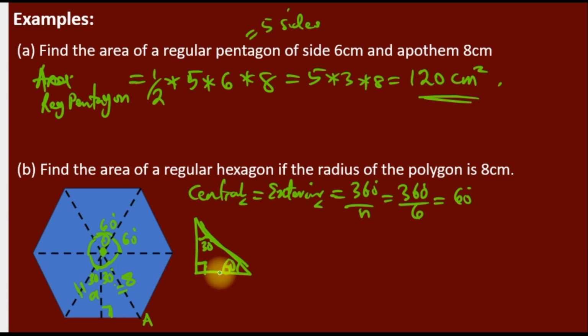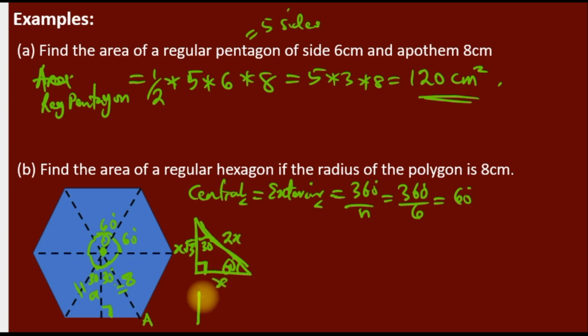If you have a triangle whose interior angles are 30, 60, and 90, and the side opposite 30 is x, the one opposite 60 degrees will be x times square root 3, while the one opposite 90 will be 2 times x.